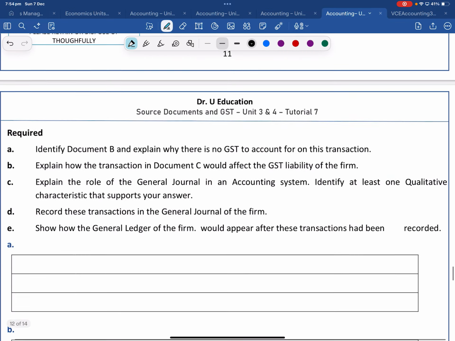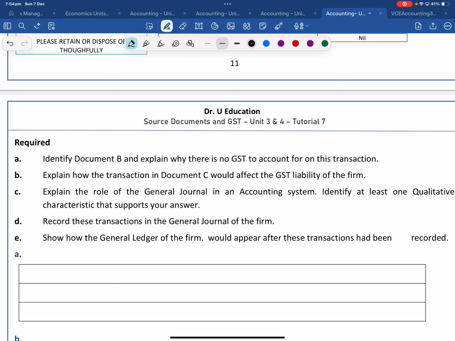That's in document C. You know how when you record the double entry for document C, there's going to be bank credited, GST debited, and then the other one is going to be electricity, right? Yes, the other one is electricity.